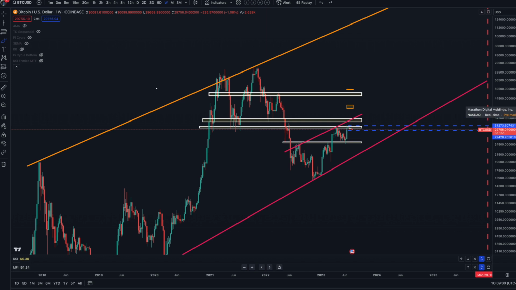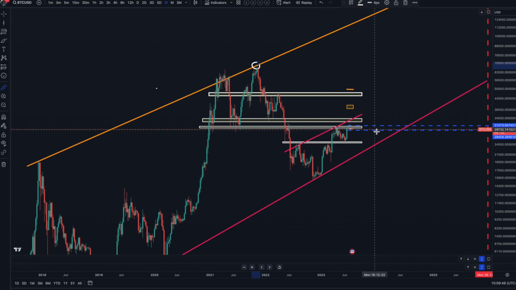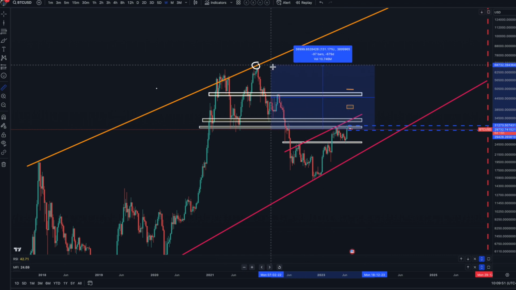But if I look at it from a different angle in terms of the all-time highs, so if you look at the Bitcoin here, the all-time high was 69,000. And from currently where we are, which is around 29,700, if we take the measurement from these current levels to the all-time high, you can see that we have about 130% increase to go before we meet the all-time high.